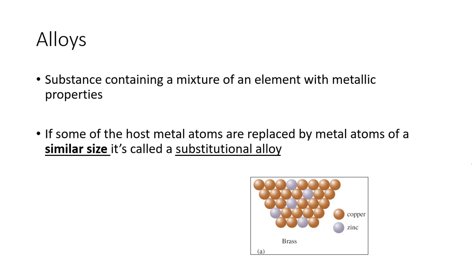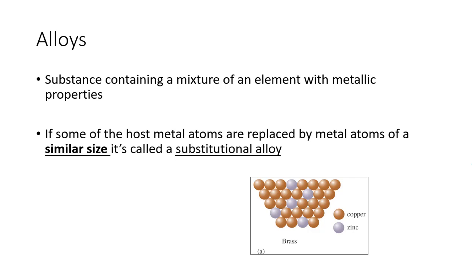We'll talk about substitutional alloys first, where the bulk of the lattice structure is made out of one metal type, but then we substitute out some of the copper atoms and replace them with something of similar size. In this case, copper and zinc are of similar size within brass.